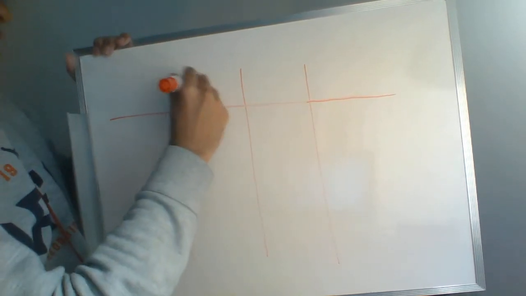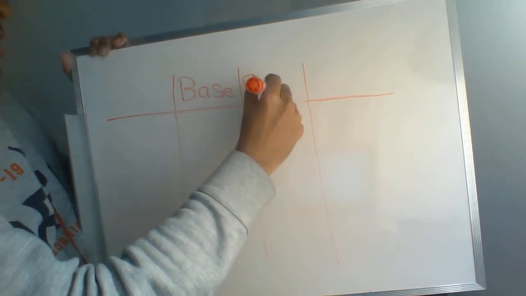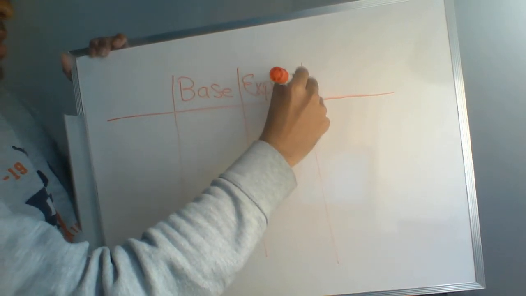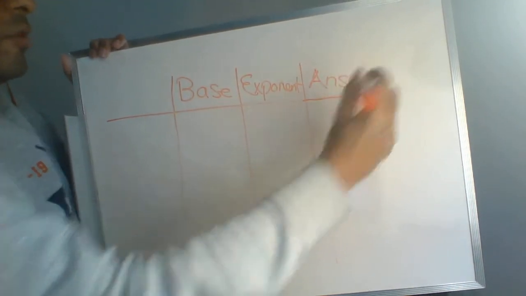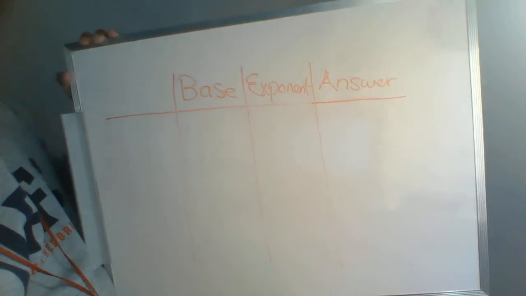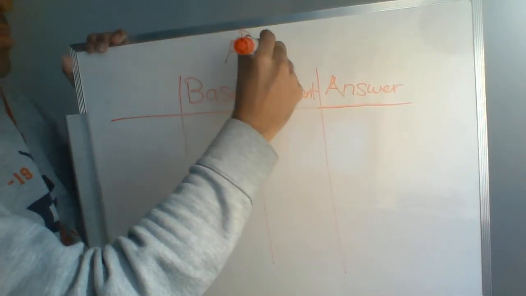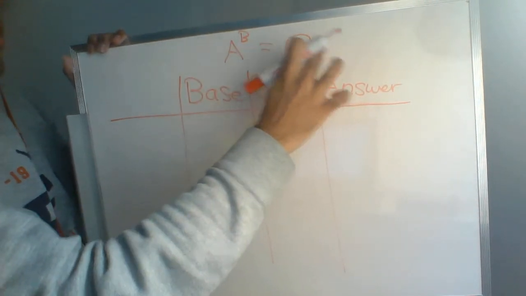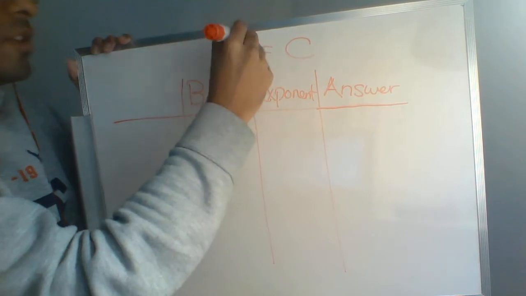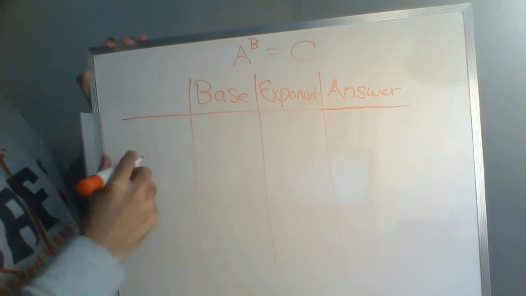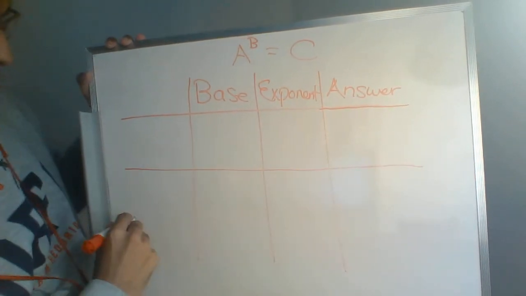So this is base, exponent, and the answer, the power, if you will, as our answer. So if we had some number a to some exponent b is equal to something, some answer c, this table is going to sort of break down what topics we've covered and what we can still explore.